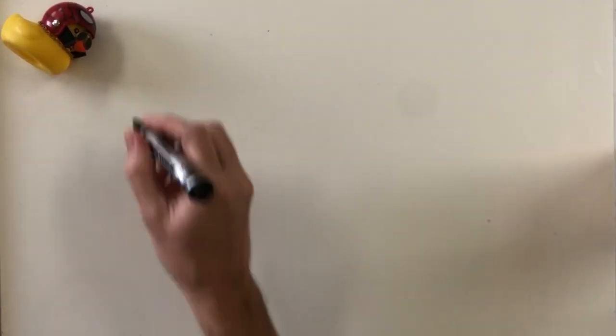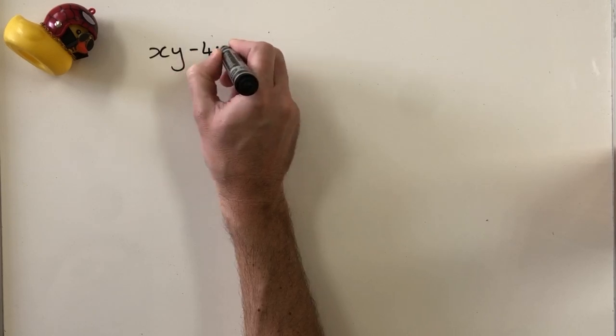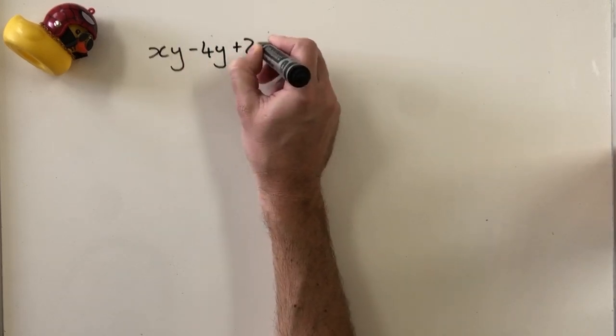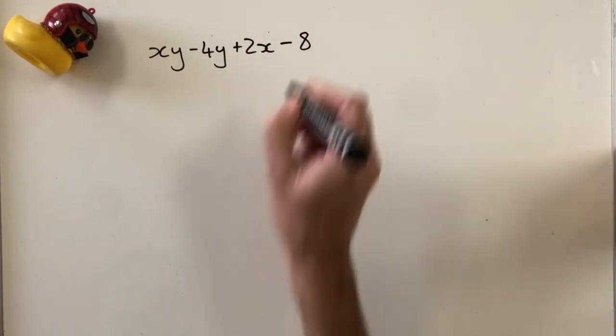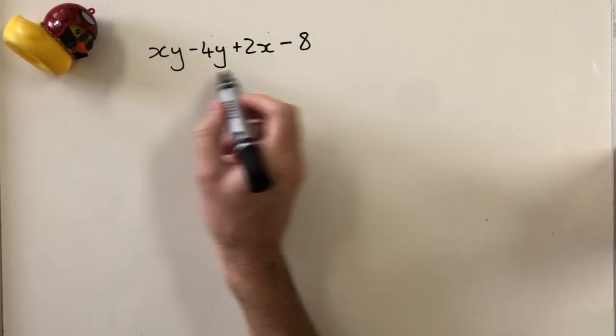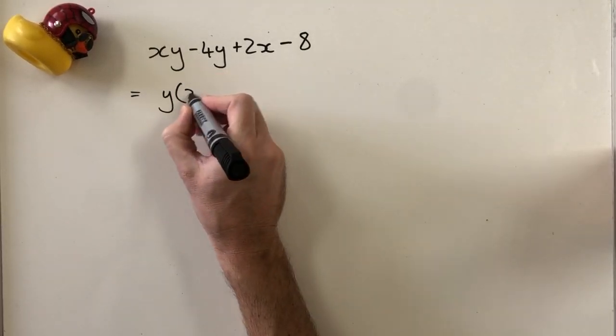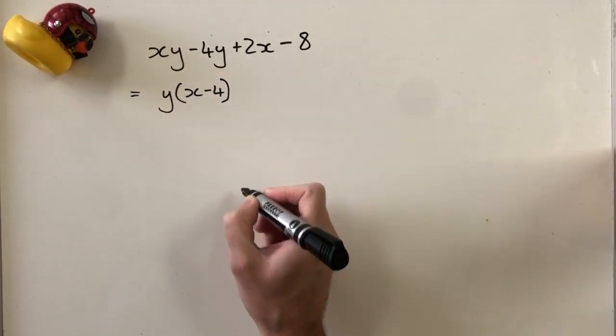Let's do xy minus 4y plus 2x minus 8. In this case, again, we don't have anything that's common in all four, so we can take a look at the first two. There I can take out a y. What's left is x minus 4.